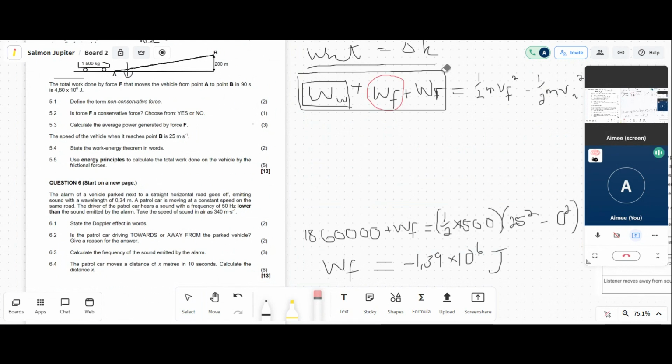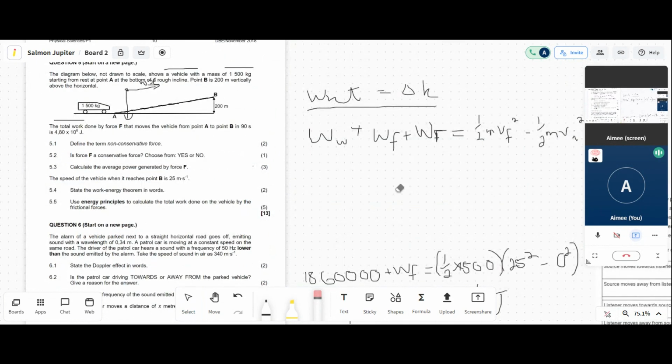So here's your formula. Your work net is equal to changing kinetic energy. So we figure out what are all the forces acting on this object, its weight, its friction, the applied force that we discussed, and that's equal to changing kinetic energy, the formula for which is half m vf squared minus half m vi squared, which can be simplified as half m times vf squared minus vi squared, just to make it easier.